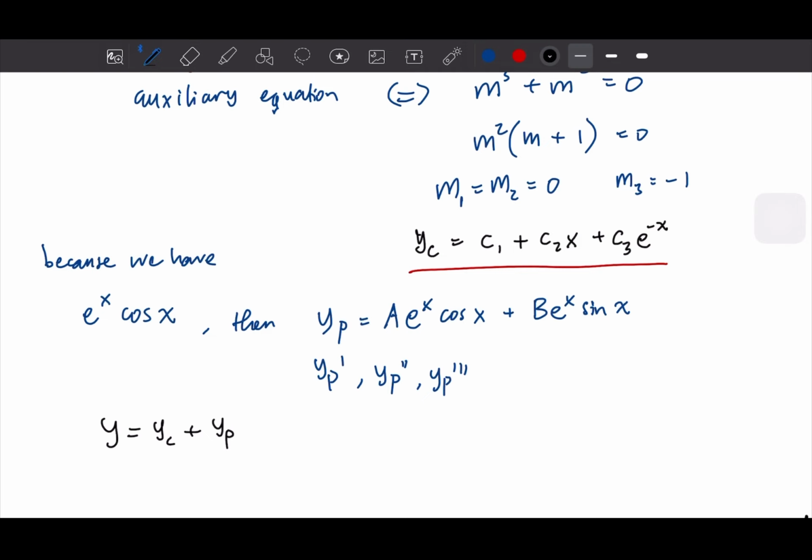Okay, I think that's it. The rest we can practice, especially proposing the yp, which I think is the core problem in this method.